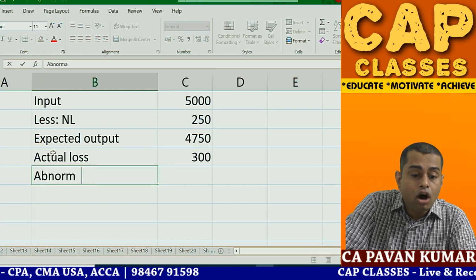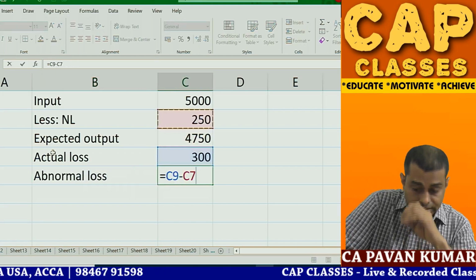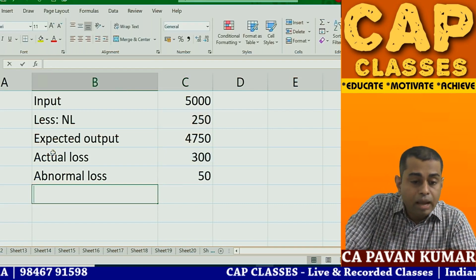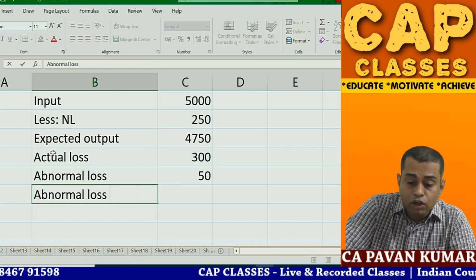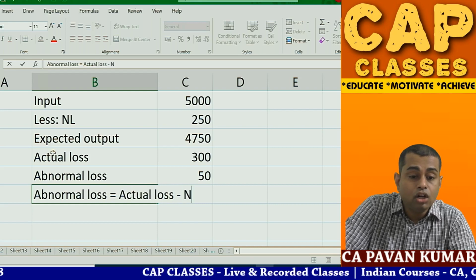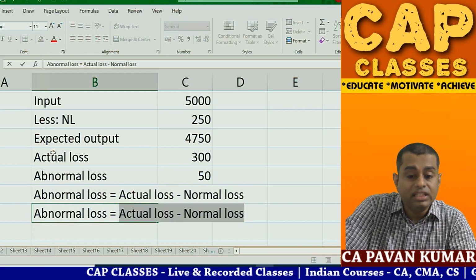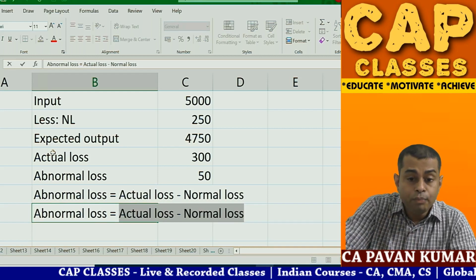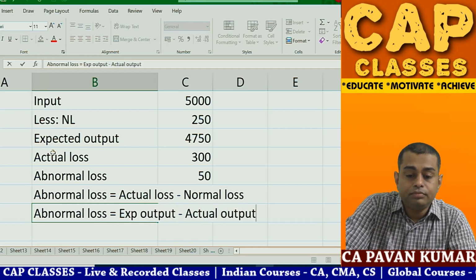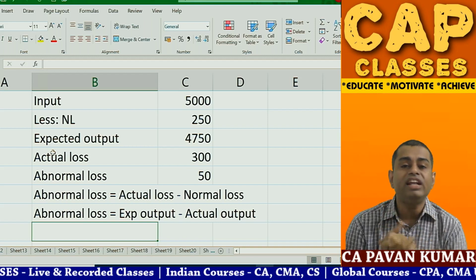So abnormal loss is actual loss minus normal loss. You can calculate abnormal loss in 2 ways. You can say abnormal loss is equal to actual loss minus normal loss, or you can also write abnormal loss is equal to expected output minus actual output. Expected output is 4,750, actual output is 4,700, so 50 is abnormal loss.